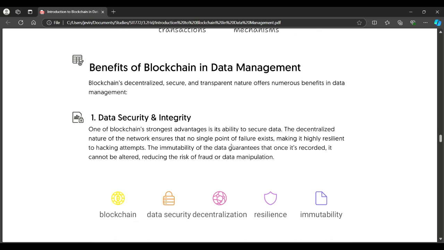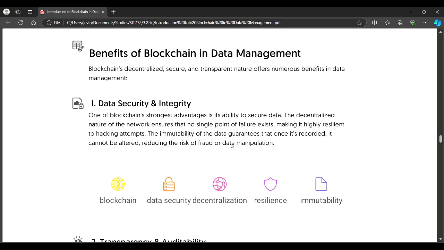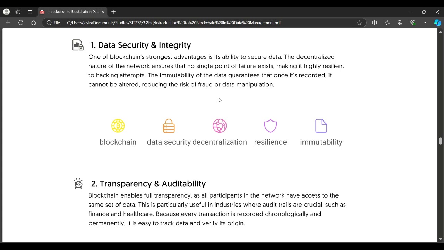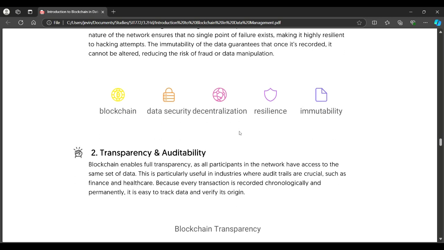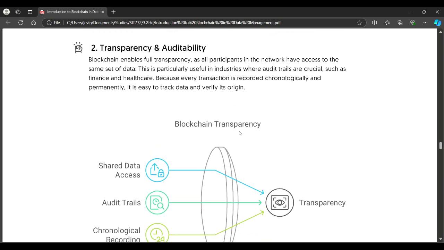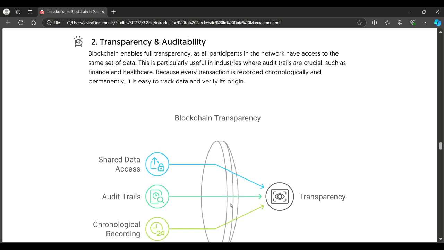So what are the benefits of blockchain in database management? Data security and integrity, where fraud and data manipulation can be avoided, and there is no single point of failure. Resilience and immutability can be used, and transparency and auditability, as it is very transparent, and we can see where the blockchain has been transferred from one to another.